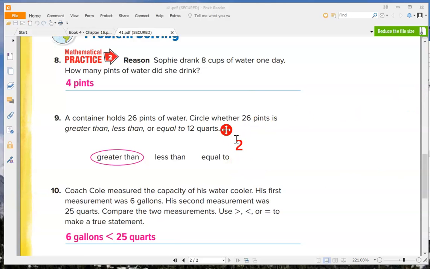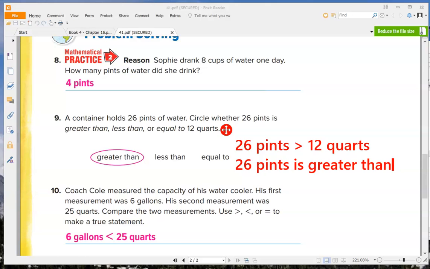You could say 26 pints is greater than 12 quarts, or you could have just written it out as 26 pints is greater than 12 quarts. Either one of those answer sentences would have been fine here.